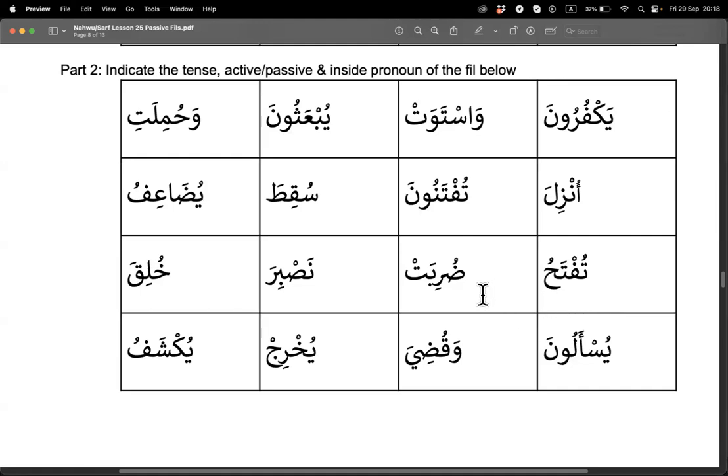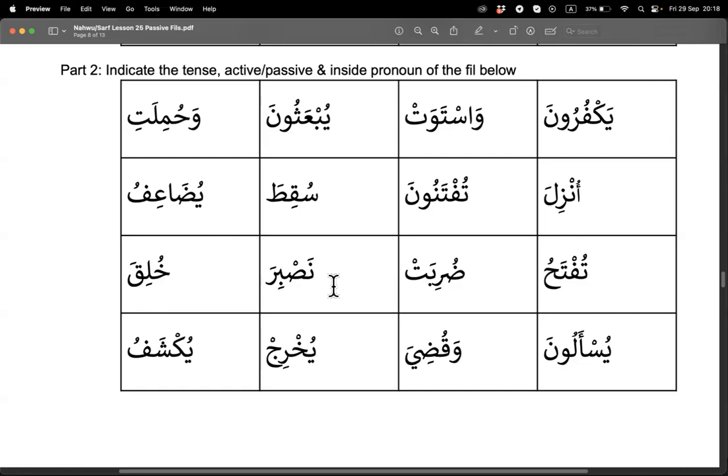Good. Next one, duribat. This one is fi'il madhi, and the pattern of the majhul, the short one. And then the naibul fa'il is hiya. Yes, sorry, I always make the same mistake sometimes.